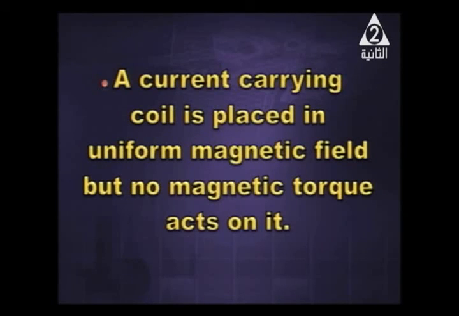Give reason: a current carrying coil is placed in a uniform magnetic field, but no magnetic torque acts on it. This happens in the vertical position.